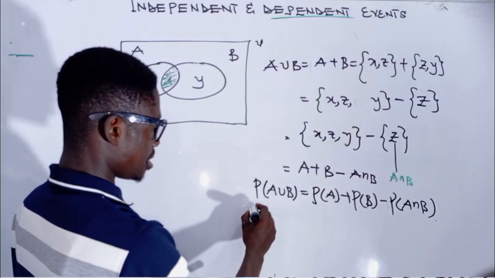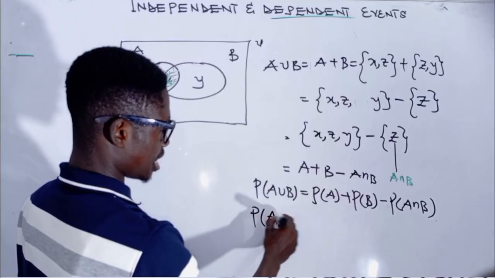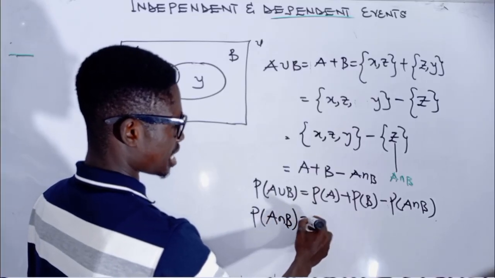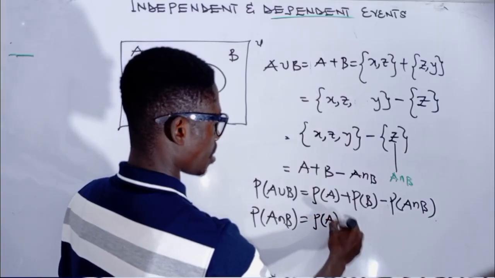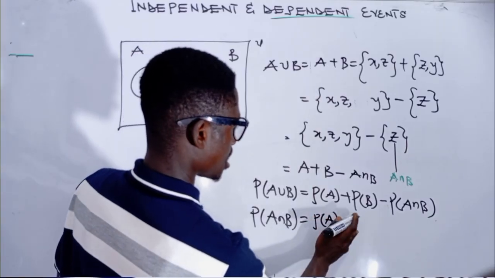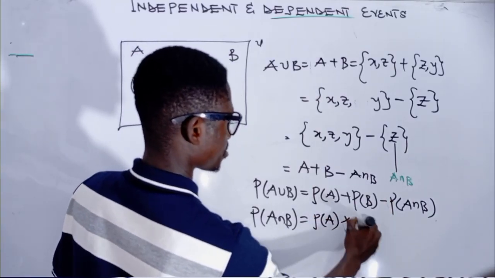Now to find the probability of A intersection B from a dependent event, all we have to do is find their individual probabilities and then multiply them together.